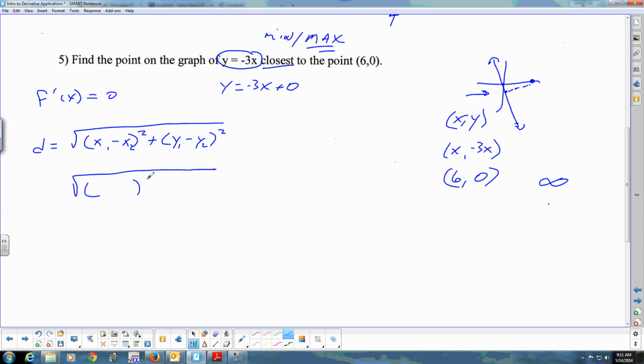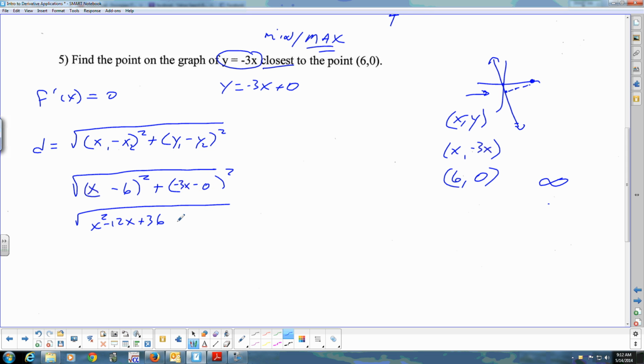So let's start setting it up. I'm going to fill the x values in one and the y values in the other. So it's going to be x, 6, and now negative 3x and 0. I need to expand that. So I've got x squared minus 12x plus 36.